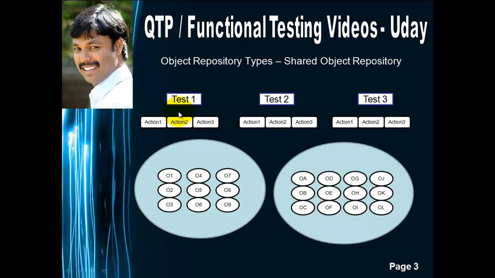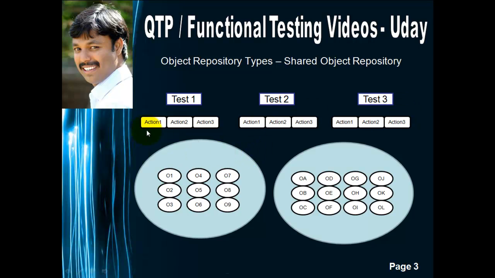For example, action 1 uses object 1, and action 3 will also refer to the same object if it uses object 1. If I make any change in here, the same object will be reflected for both of these actions, not only in the same test, but even across multiple tests as well.